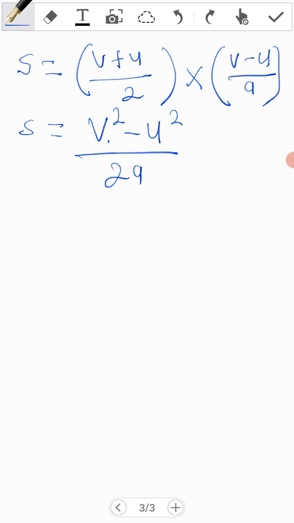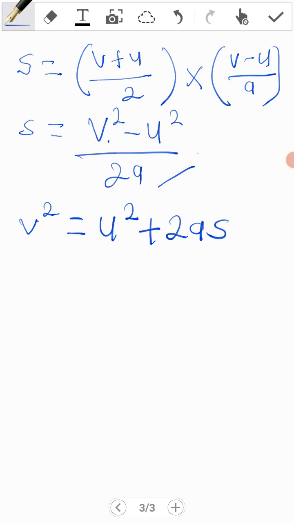So now we have this equation. And from this, we can actually get the second equation, which is V squared is equal to U squared plus 2AS, right? Okay. So that will be our equation 2.